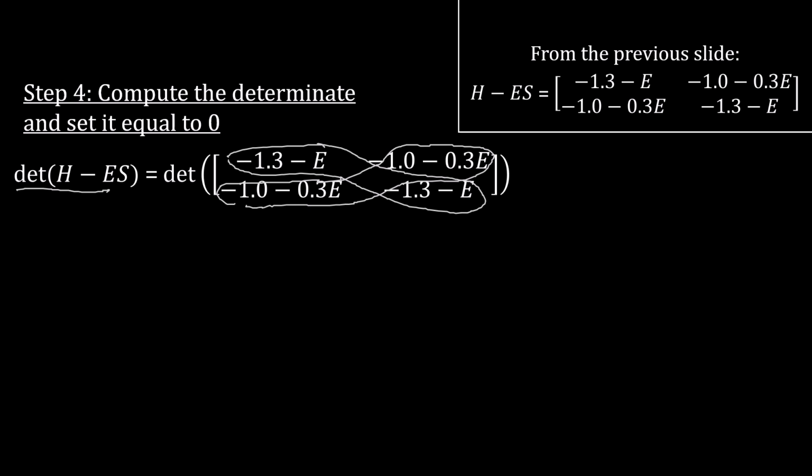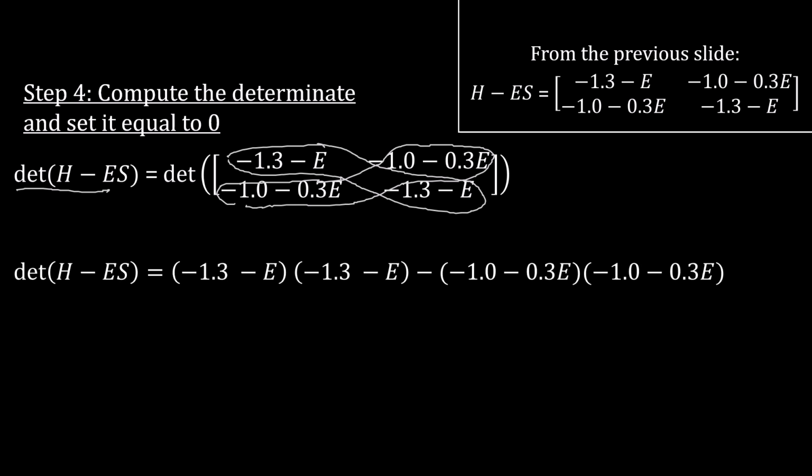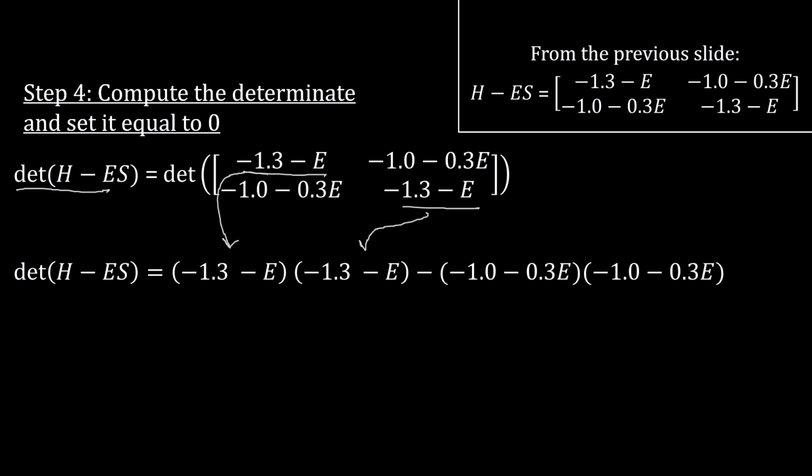So if that's a little confusing in words, in math, what we would end up having is that we would take the top left and multiply it by the bottom right and put the terms here and here. And then we would subtract the terms along the opposite diagonal. So we would put this term here and this term here.